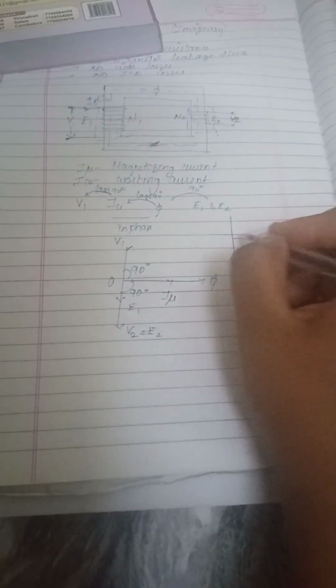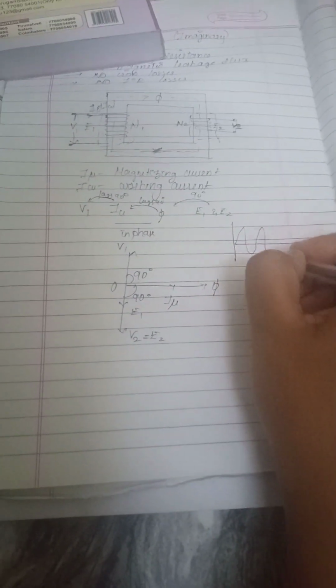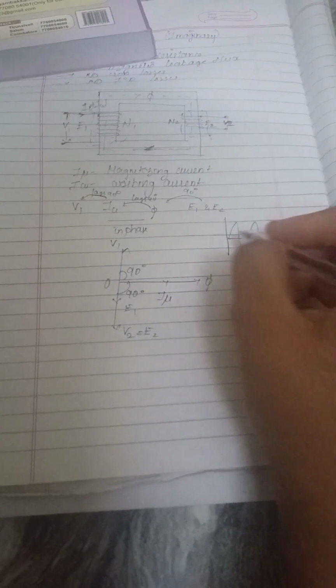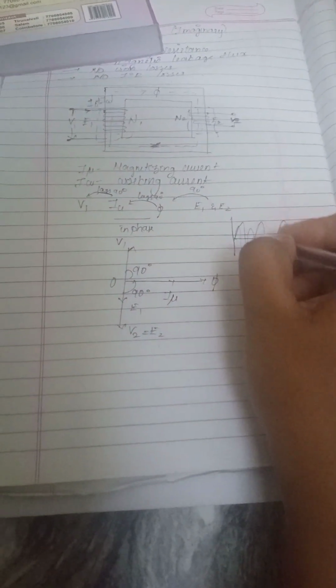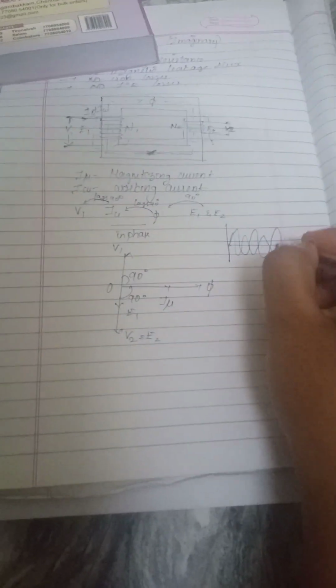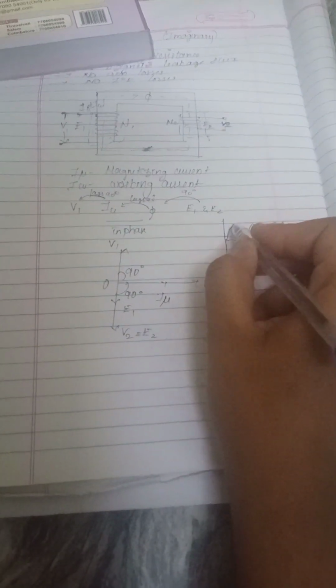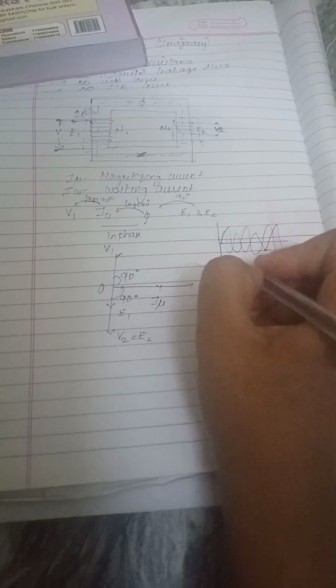Actually, what is meant by in phase? In phase means, for example, you consider this as a sound wave, and this is another wave, anything you may consider. These two waves make ups and downs at different locations.